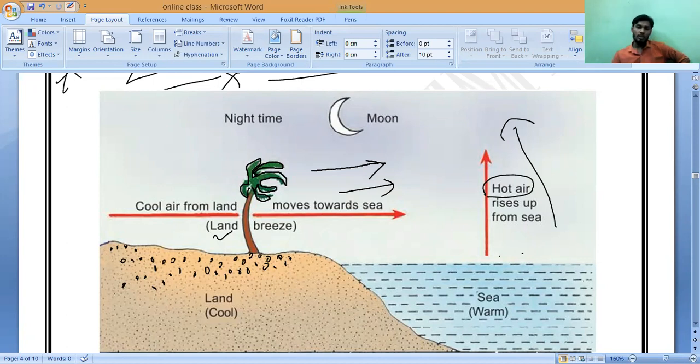So when we are living in a coastal area, when time is going on, 6 o'clock, 7 o'clock, 8 o'clock, 9 o'clock, we will feel very suffocating, and we will easily sweat. Yes or no? By that time, the air in our coastal area is too hot, so it will take much time to bring equal temperature.